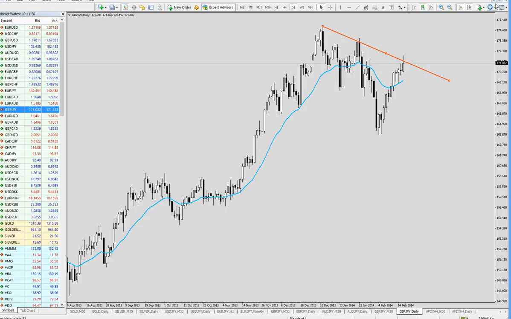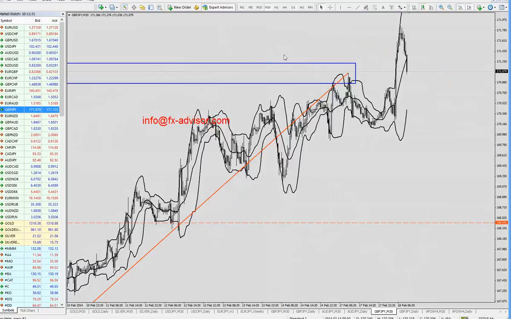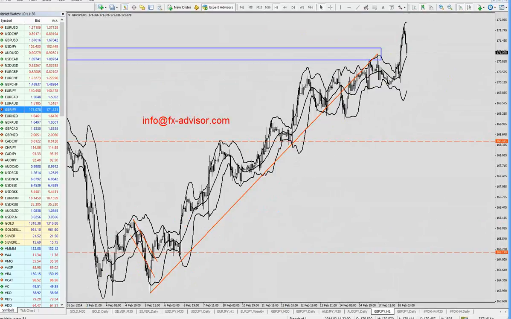So let's switch to 30 minutes or even 1 hour on the beast. And as you can see, we still have some lines from yesterday's trading room. The selling area, BAM. Most probably the move was not so strong here because of the very low liquidity during the US session.